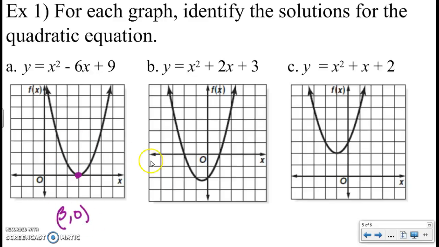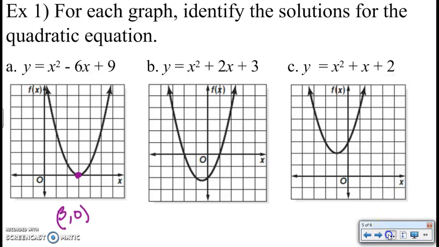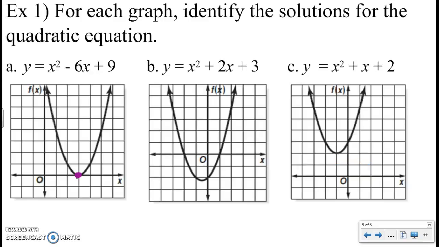That means my solution, or my root, or my zero, is going to be x equals 3. Okay, so if this is my x-intercept, my solution is x equals 3.